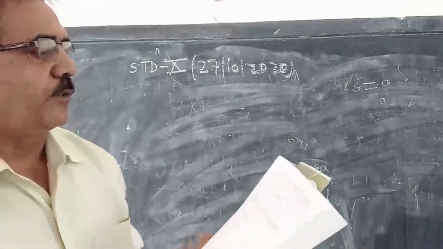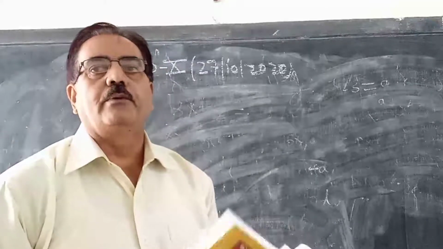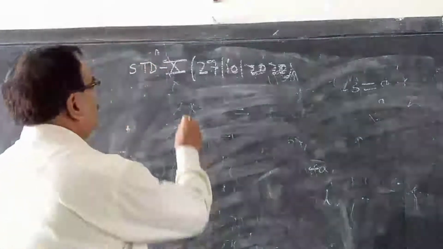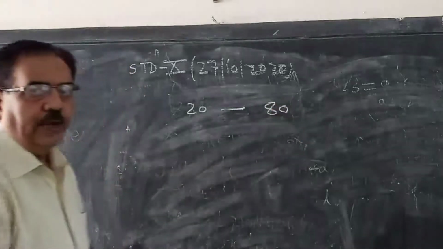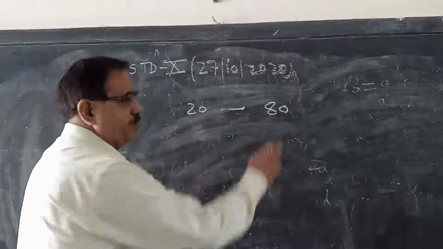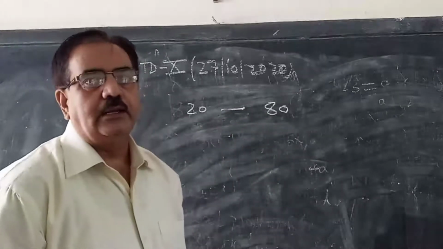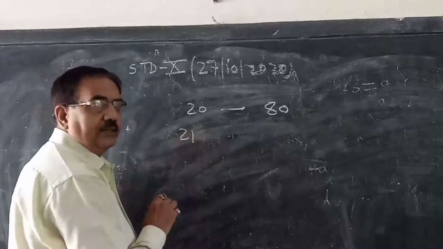Next question: find the number of all natural numbers between 20 to 80 which are divisible by 3. We have to find all the numbers between 20 to 80 which are divisible by 3. So the first number is 21, divisible by 3.